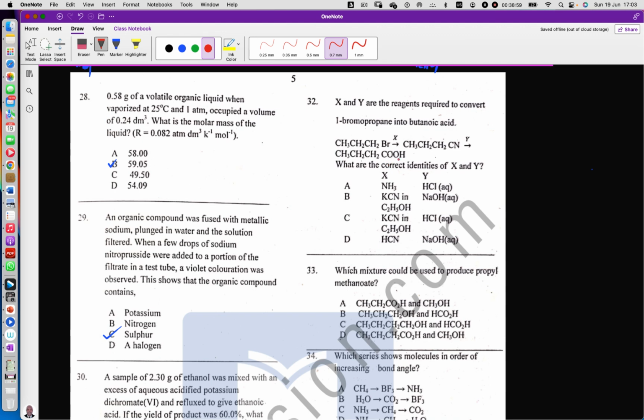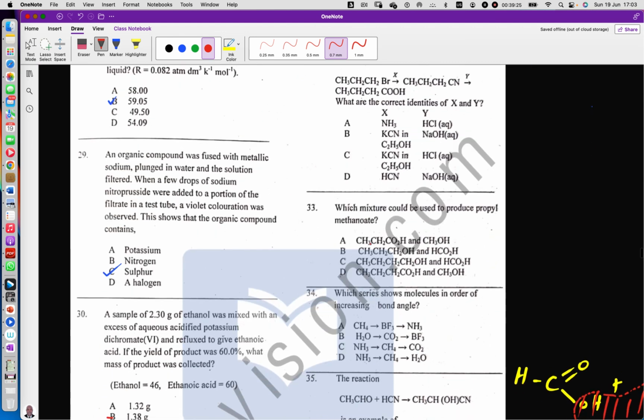So our right answer here is C. Question 32, our right answer is C.